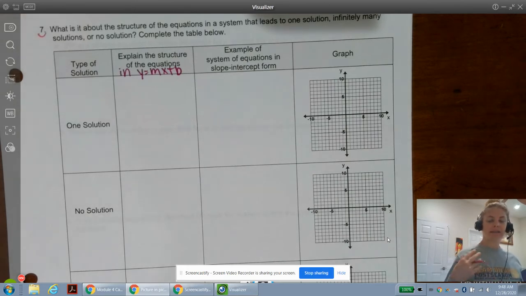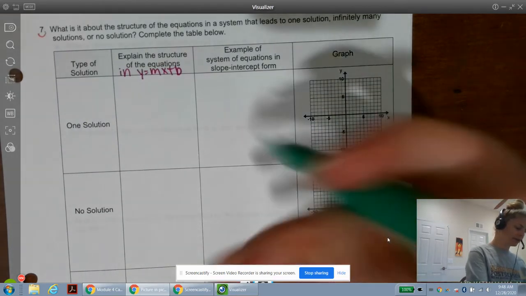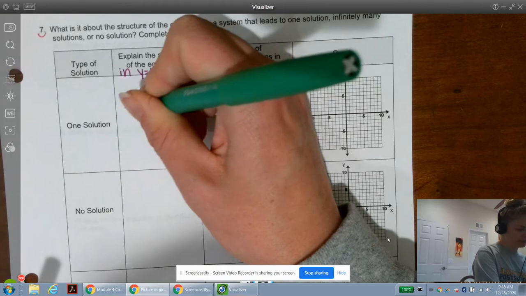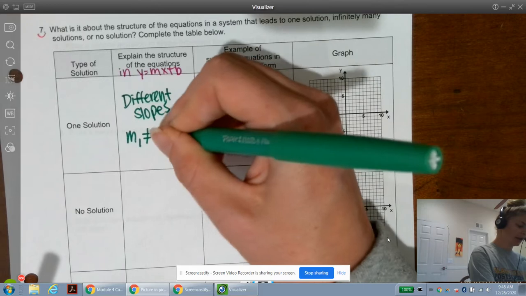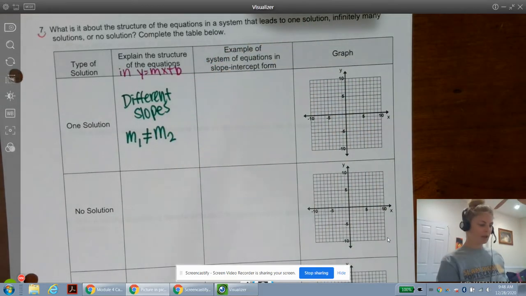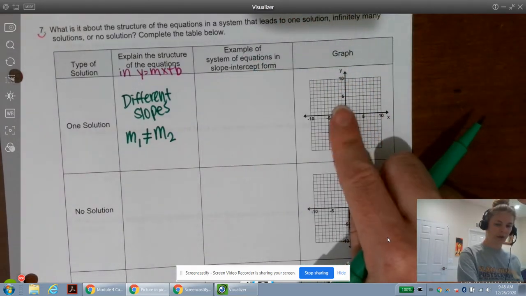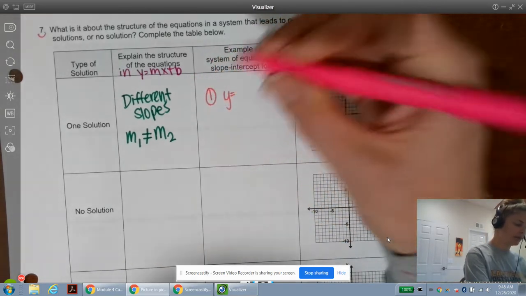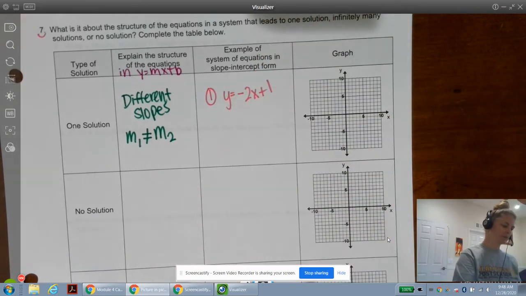Okay, so one solution. We know that the graphs are going to intersect. There's one point of intersection, which means all you need to have for one solution is different slopes. That means the slope of the first one is not equal to the slope of the second one. So an example could be, and we're going to give examples that we can graph over here, equation 1: y equals negative 2x plus 1.